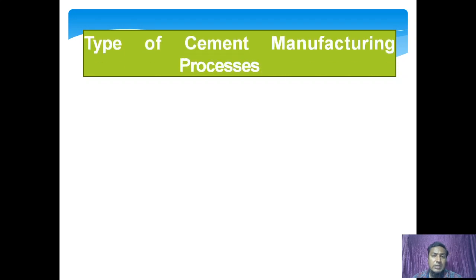That requires a process, and you have to adopt a special procedure. Let us see that here. There are two types of cement manufacturing process: wet process and dry process.